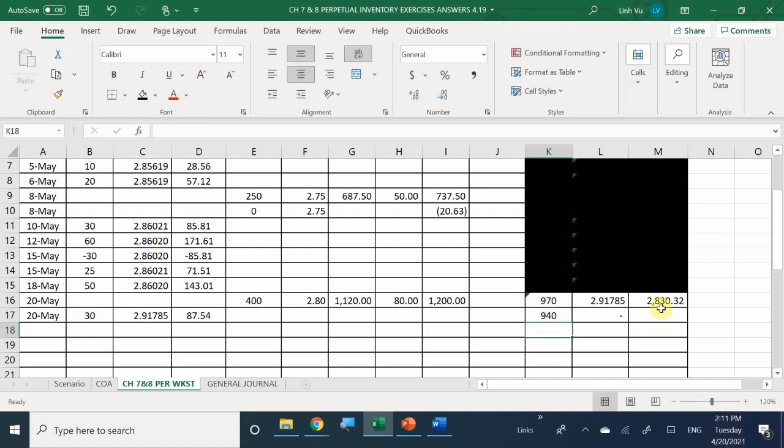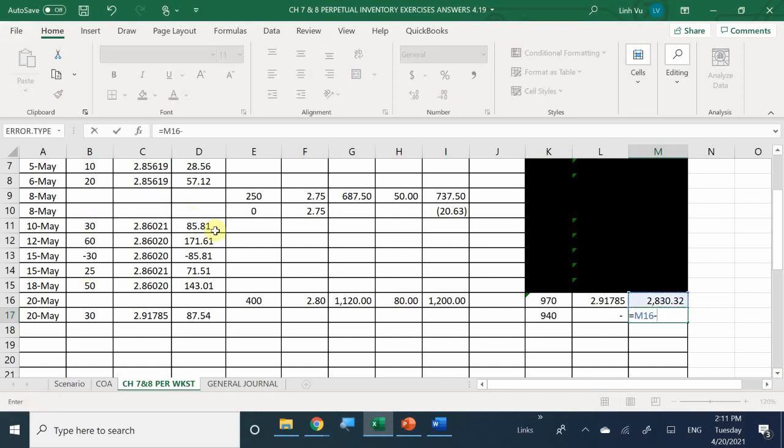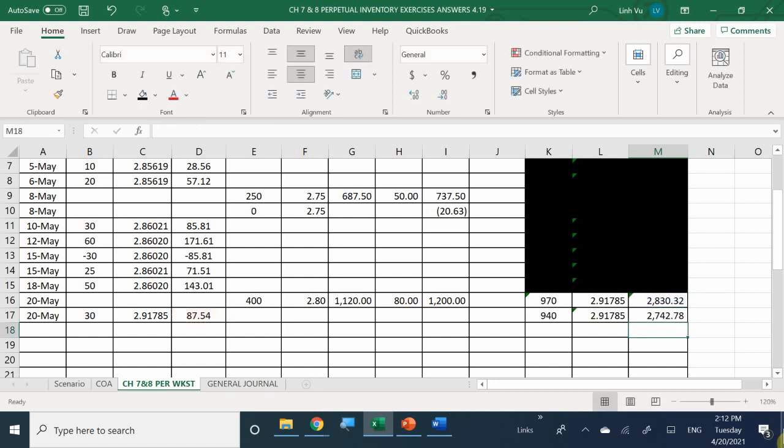940. Same thing with the total cost. If I sold $87.54 worth, how much should I have left? $2.91785. Oh, you did the cost per item.